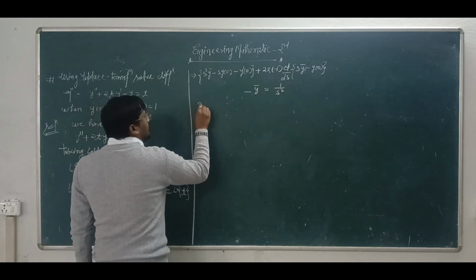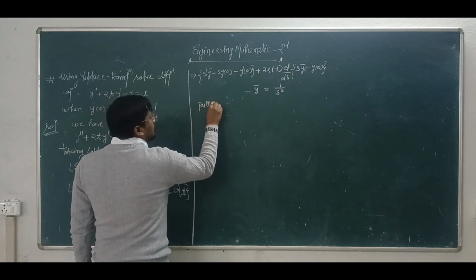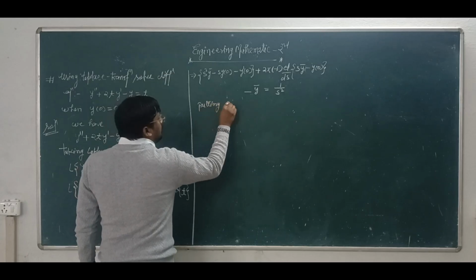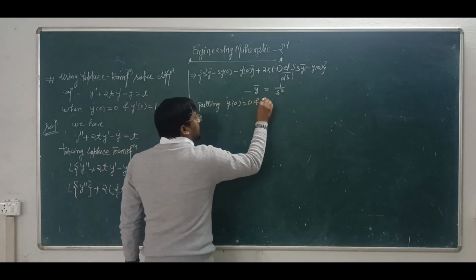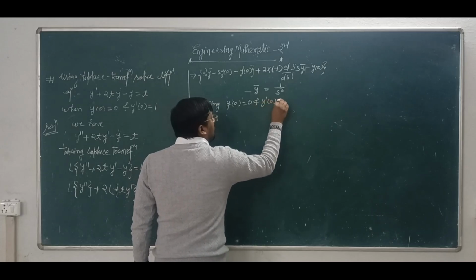Now you can solve, putting y0 is equal to 0 and y dash 0 is equal to 1.